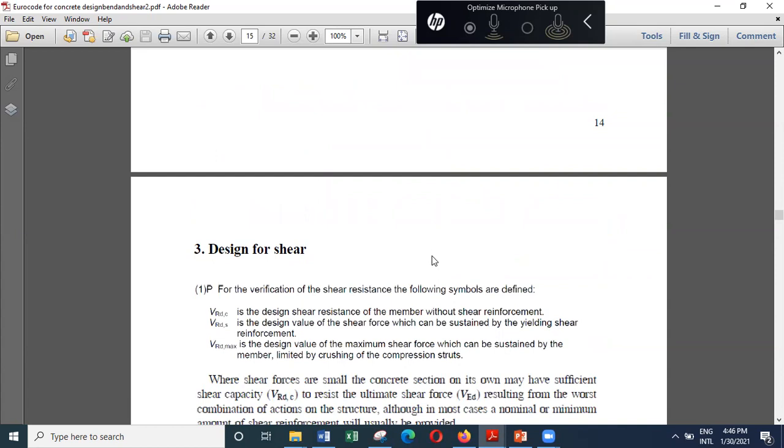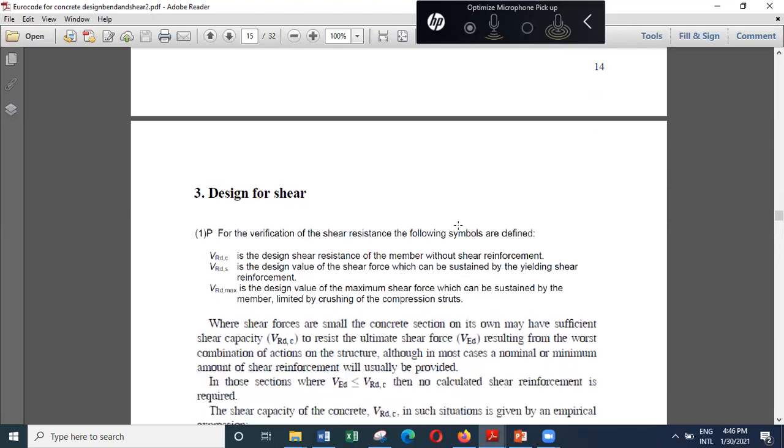Because if you look at the British code, they have used an inclination of the shear crack of 45 degrees, whereas the actual inclination of a shear crack would generally be around 30 degrees. Because of that reason, the Eurocode allows us to consider that the shear crack can occur with an angle of 22 to 45 degrees.